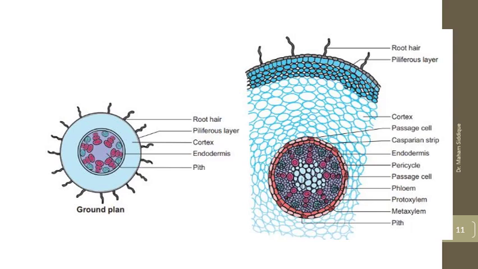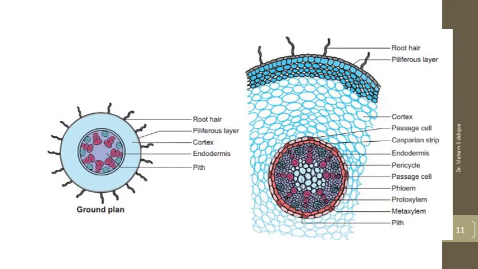Cortex has parenchymatous cells. Sometimes collenchymatous cells are also present, and sclerenchymatous cells may or may not be present. Then there is a layer of passage cells, Casparian strips present in endodermis.